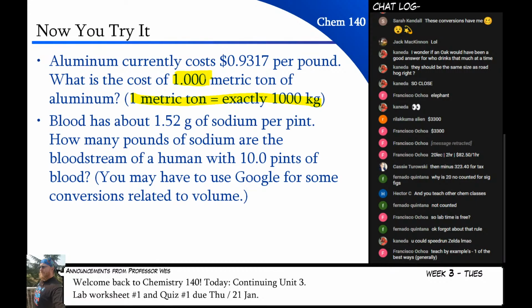So go ahead and do these two problems. Type your answers in the chat. We'll go over the answers together in about 5 minutes or so. And then we'll finish off the chapter.